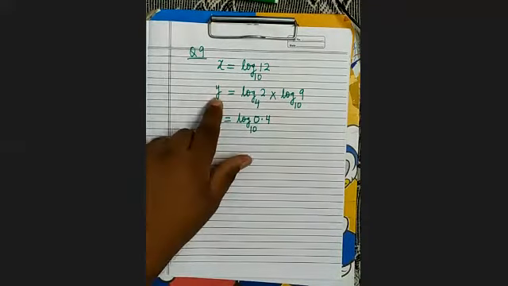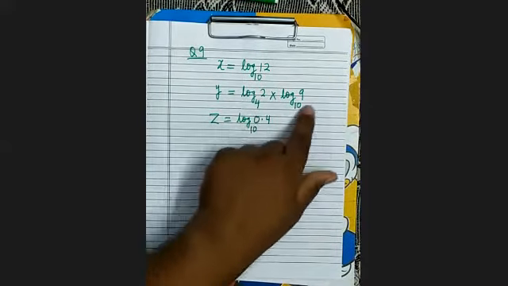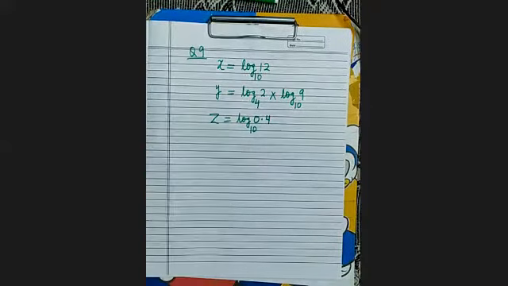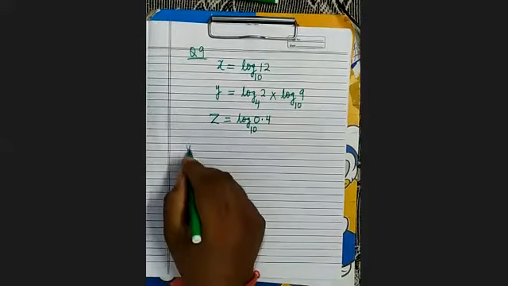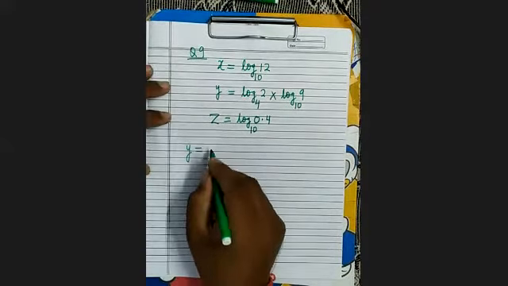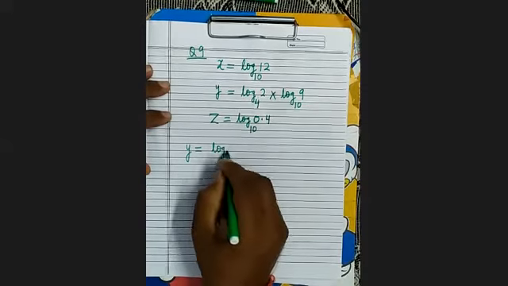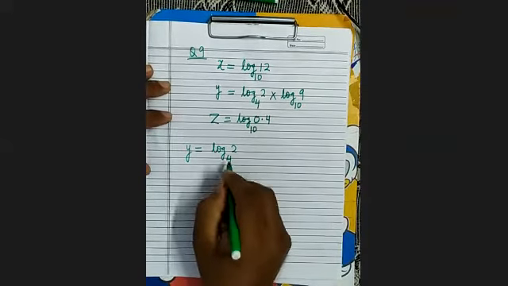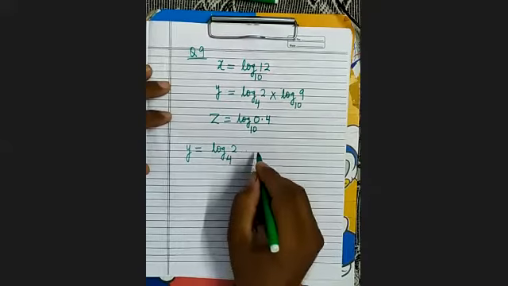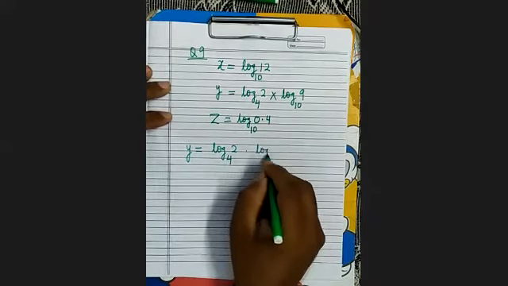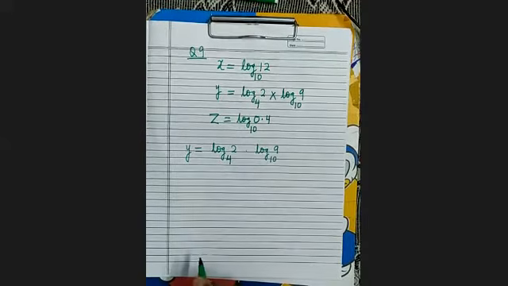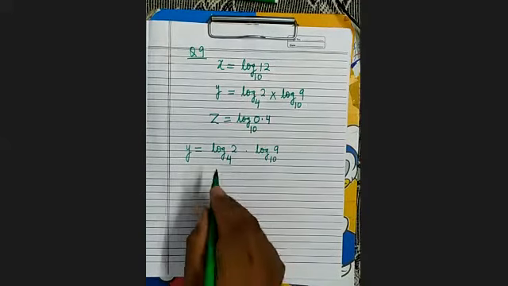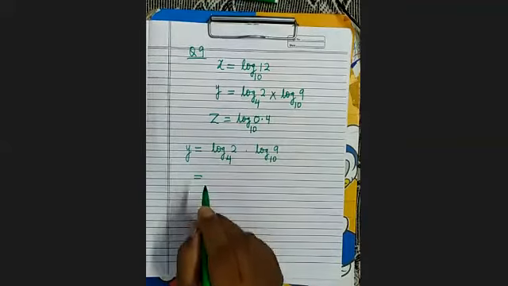But y is not in a single logarithm. So you change y into a single logarithm. केवल हमको y को change करना है. It is very simple. Log 2 to the base 4 into log 9 to the base 10. It's clear?